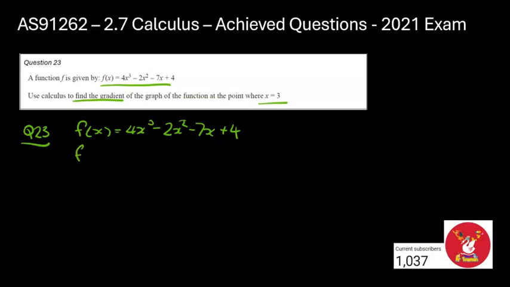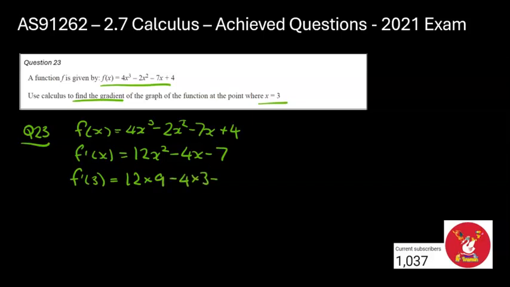So as I said, I need a gradient function, so I'm going to look to differentiate that. So 4 times 3 is 12, so it's going to be 12x squared minus 2 times 2, so that's going to be 4x, and then minus 7. I'm looking at particularly when x is equal to 3, so I need to substitute 3 in. So f dash 3 will be equal to 12 times 3 squared, which is 9, minus 4 times 3 minus 7.